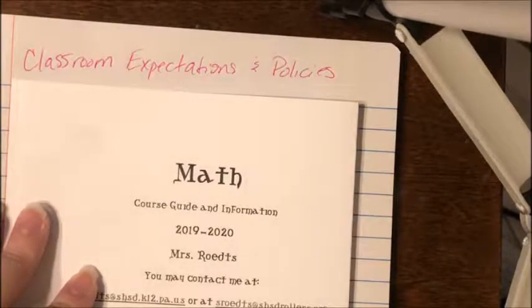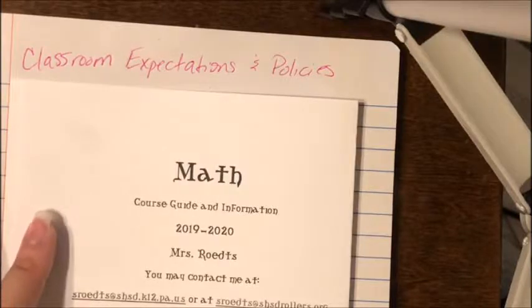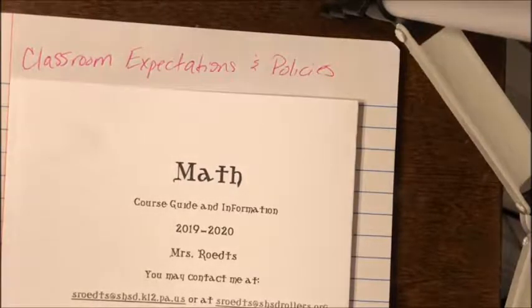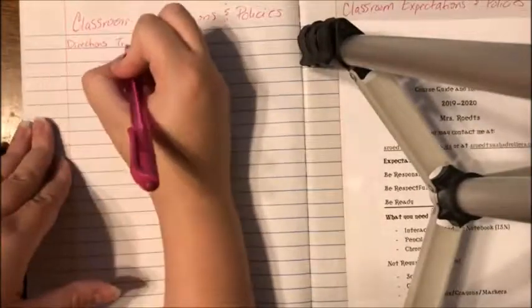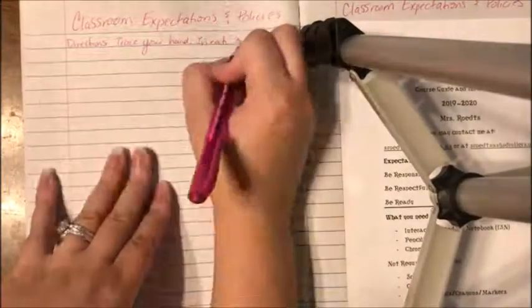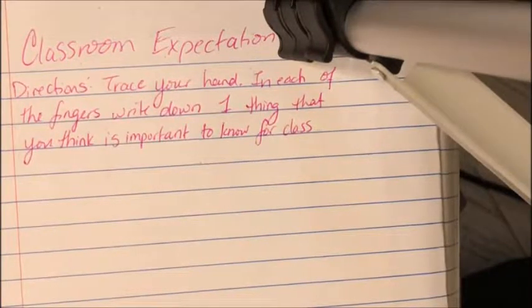Okay, so you should have written classroom expectations and policies at the top of both of those pages. Now, on the page that is right across from this page right here, you're going to write a couple of things down. All right, so the directions, this is what you're going to write down in your notebook.